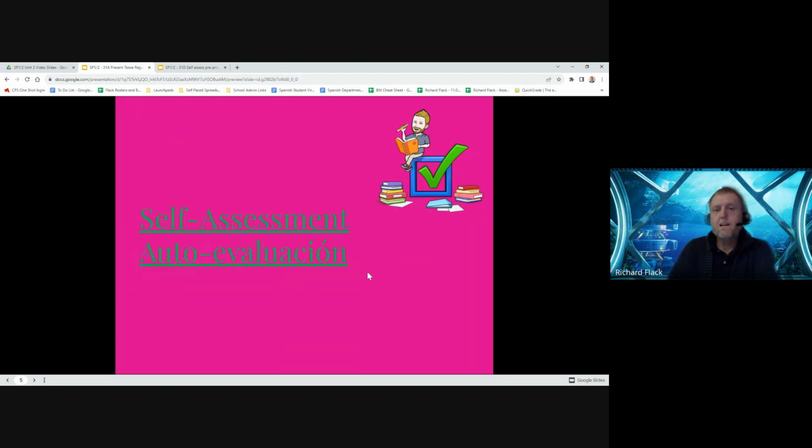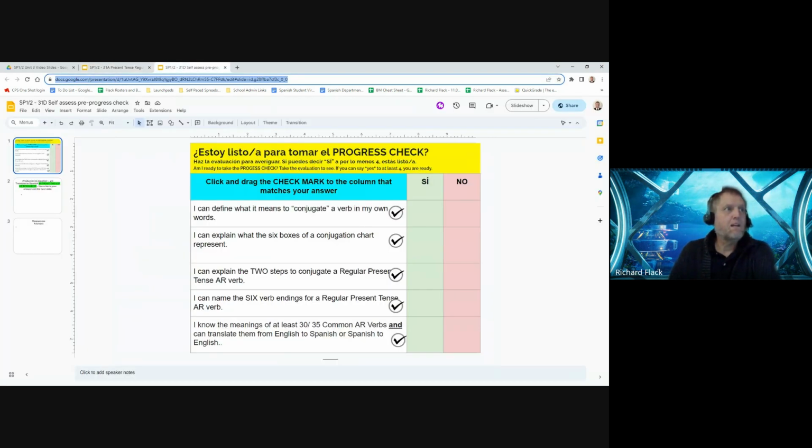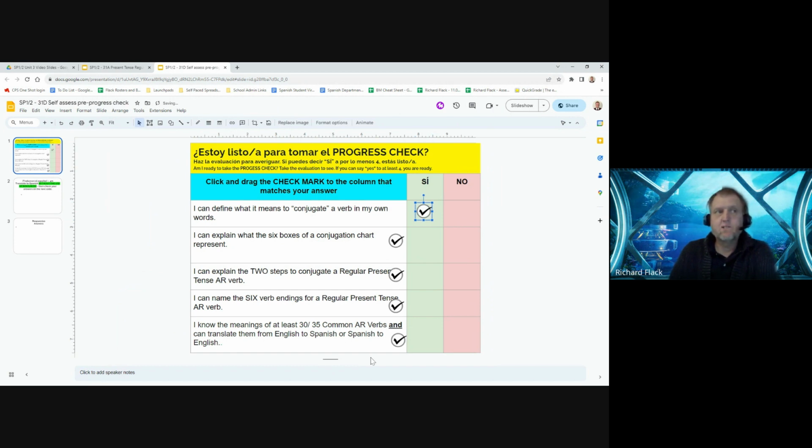All right. If you didn't already do this, you should have followed the directions in the unit grid. You should have made a copy of this document and added it to your Google Classroom. And you should have read these statements and moved the boxes to where you are, yes or no, right?